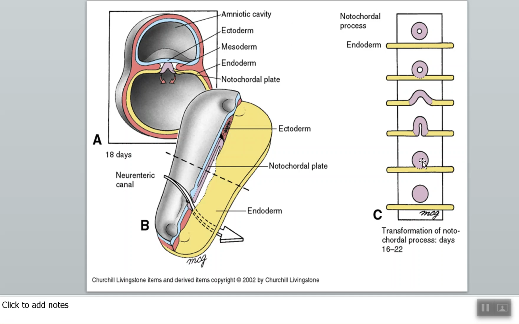In the next steps, this plate again detaches from the endoderm and finally becomes a solid tissue, named the definitive notochord. It means that first we have a notochordal process, but with more development it becomes the definitive notochord. This transformation of the notochordal process to the definitive notochord takes around 16 to 22 days of gestation.